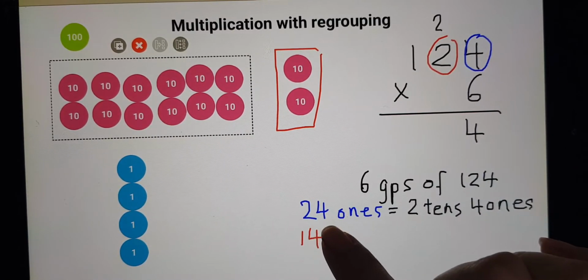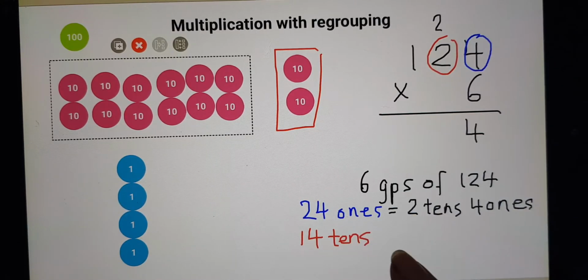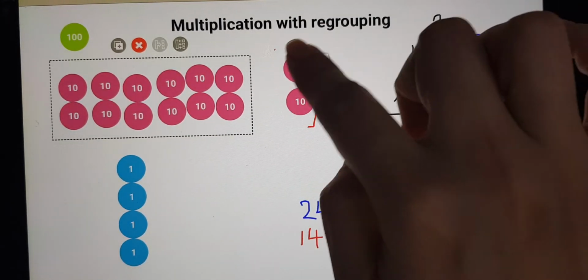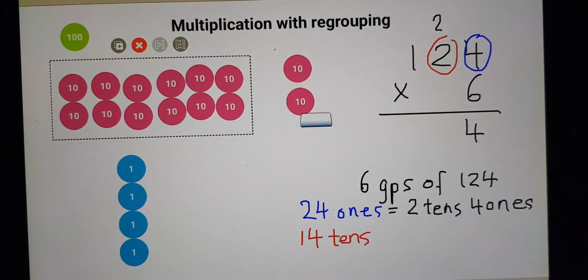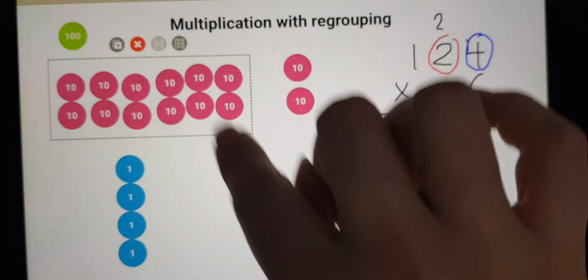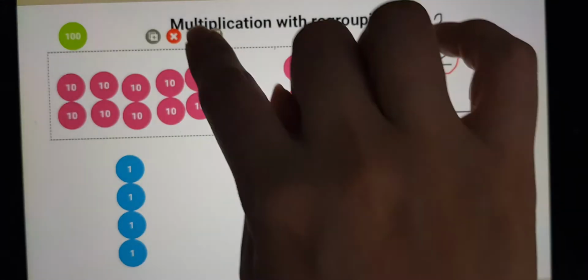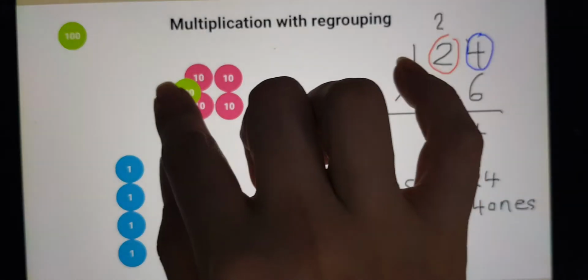I have 14 tens. Remember, once I hit 10 tens, I need to regroup. So let me show you how it's regrouped. Every 10 tens will give you 100.